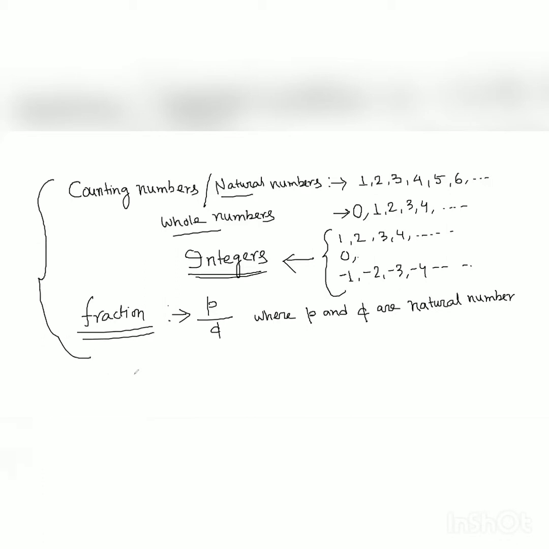So today we will define a new kind of number that is known as a rational number. See that it is the same as a fraction, but here there is no restriction that p and q are natural numbers.